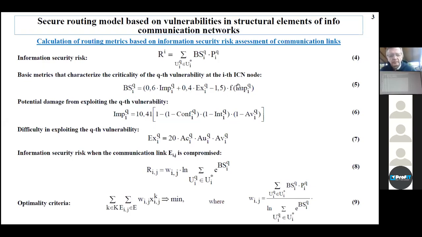Expression 7 characterizes the complexity of exploiting the vulnerability. Then we quantify the worst-case scenario, the information security risk in case of compromise of the link leaving the node, characterized by the following expression of exponential nature, expression number 8. And as the optimality criterion to calculate the secure path in the network, we use a linear optimality criterion, expression number 9. The weights W are route metrics that have to take into account the basic security characteristics of the link.